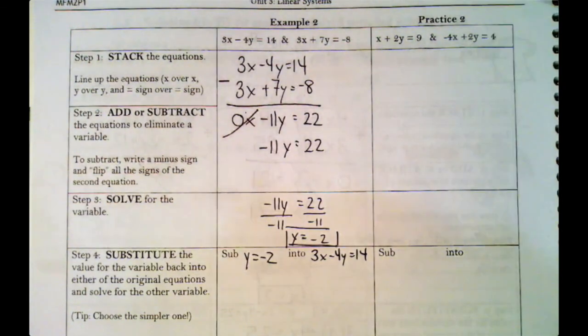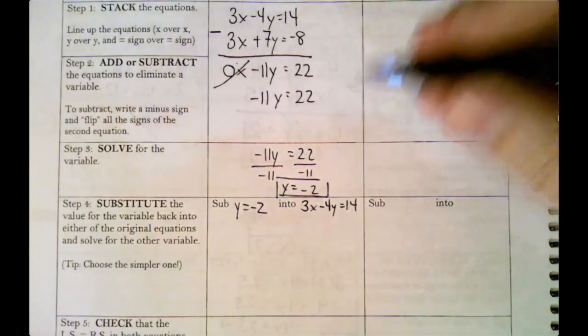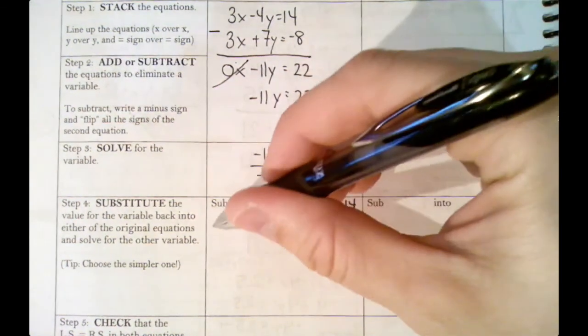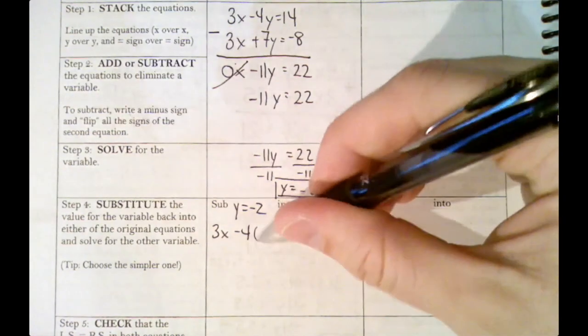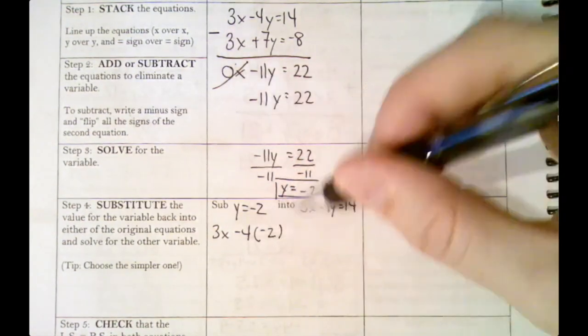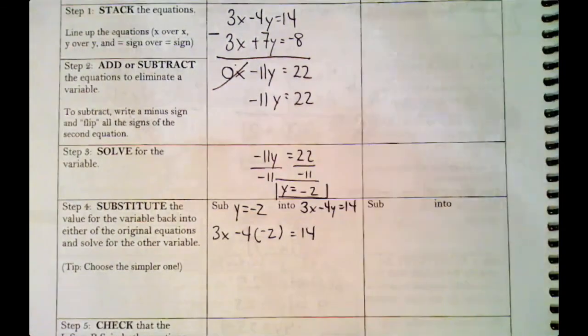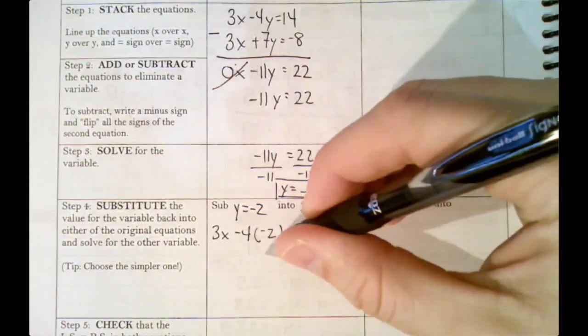You'll end up with the same answer, assuming you do the math right. So let's replace. Here's our equation. 3x minus 4y, but instead of y, we now know that y is negative 2. And now we can do a little bit of math. Negative 4 and negative 2 is 8.